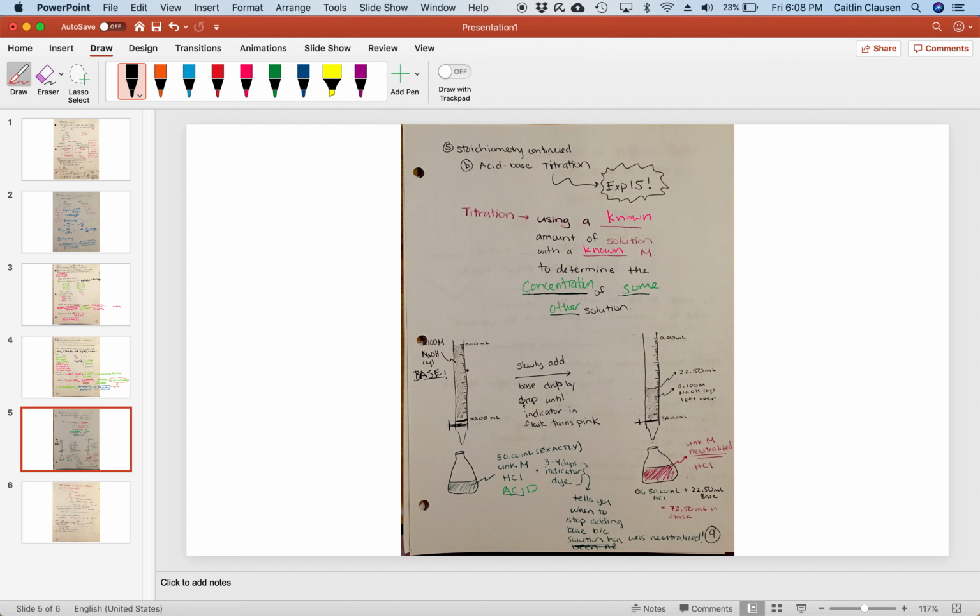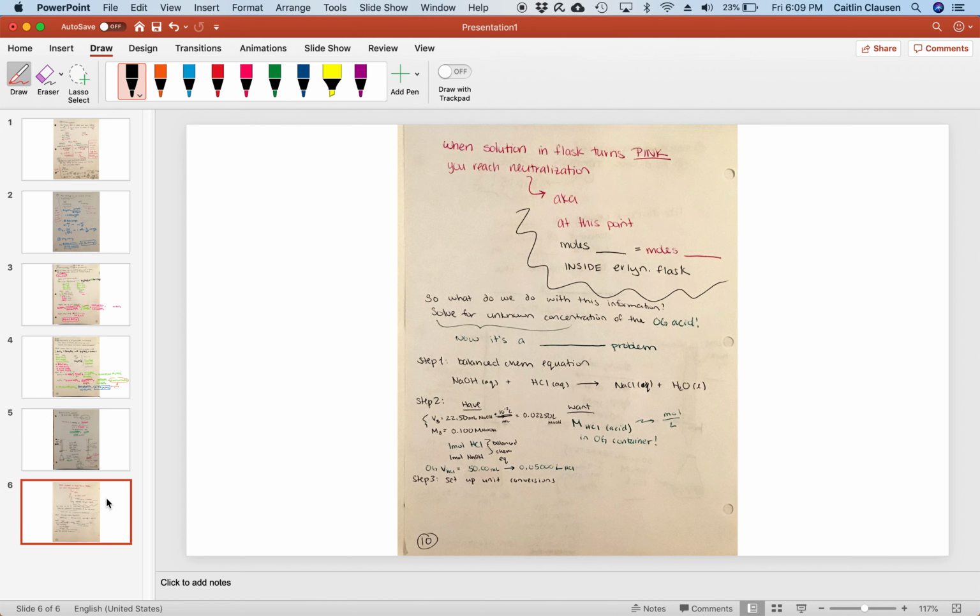You'd slowly add the base drop by drop into your acid solution and swirl. And you would do this until the second it turns pink in your acid solution, you're going to stop. You would then read the burette. You'd figure out how many mL of base it took you to turn your acid solution pink. And then you would have all of the information you would need to solve for the molarity of your HCl solution.